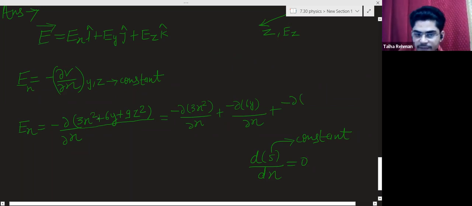I am multiplying this del with 3x square and with 6y and with 9z square, and del x will be in the denominator.